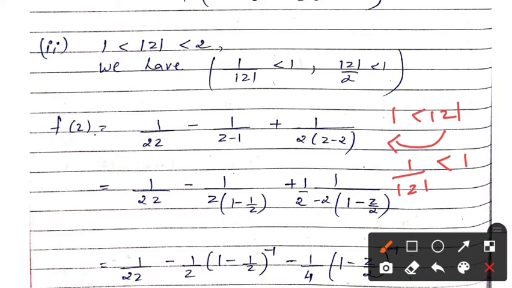So in the second term of the series, what I have to set in the denominator is 1 minus 1 upon z. Now to set 1 minus 1 upon z, I have to take this z common. So if I take z common, I get in the bracket 1 minus 1 upon z.